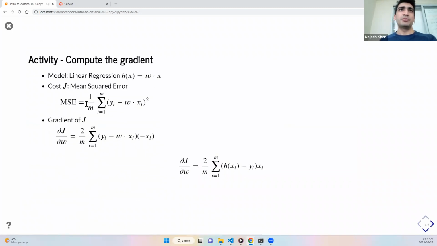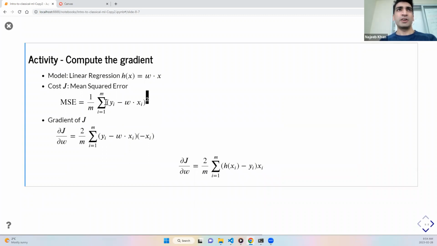So if we take the derivative of this equation with respect to w, the 2 goes in front, so it comes here, and then you have y_i minus w x_i, so that's there. Remember high school differential equations or calculus. And then you have minus w x_i, which, if you differentiate with respect to w, becomes minus x_i.